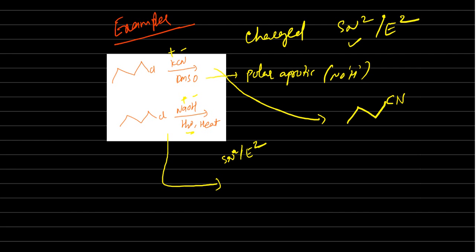Here protic is there, which means E2 elimination. So now what is your product here? Like this, elimination takes place. Have you seen the difference between protic and aprotic? Charged means first of all you have to decide this first step, as rough work. Then protic means E2, like this. Next.